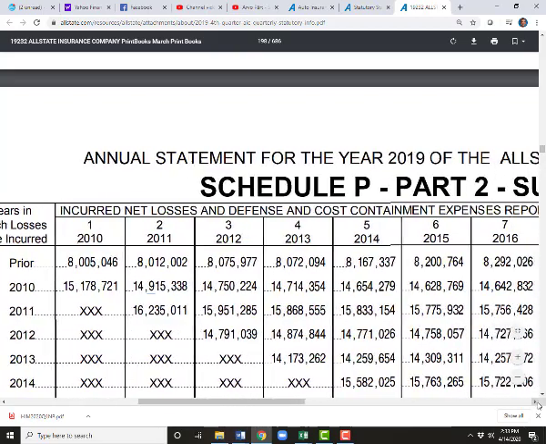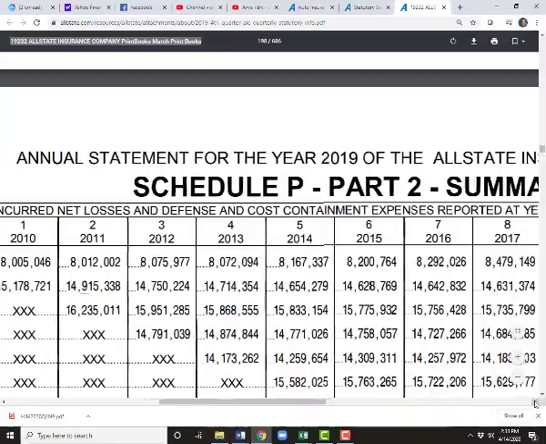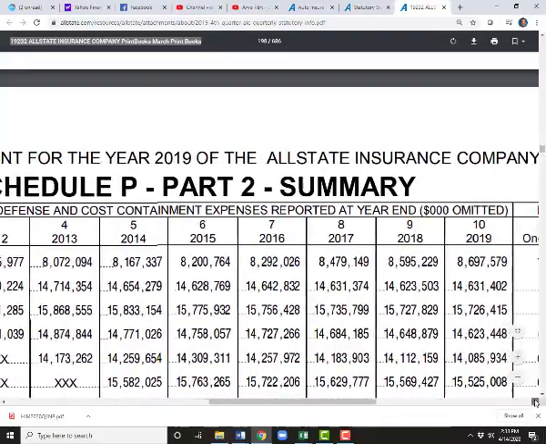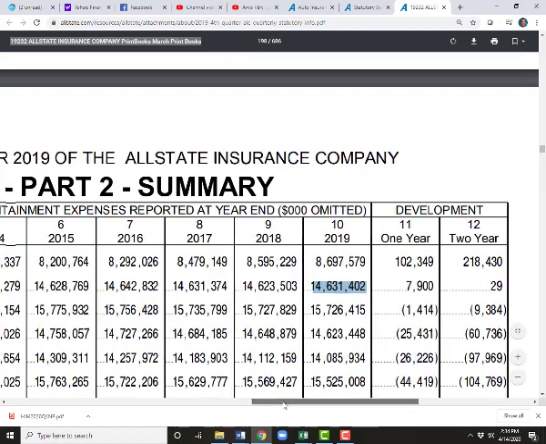But you notice each year it tends to come down. Now 2016 they added a little bit, but then they drop back down. So 2017 is still higher than 2015, but they drop down, so it can move around a little bit. And now you get to the very last year, 2019, that's their best estimate, 14.6 billion.